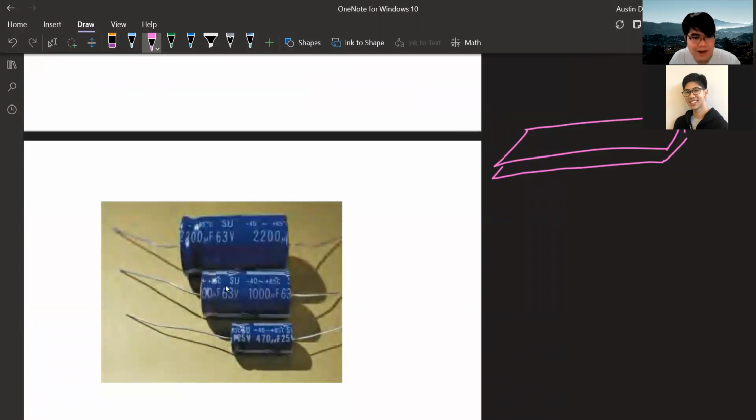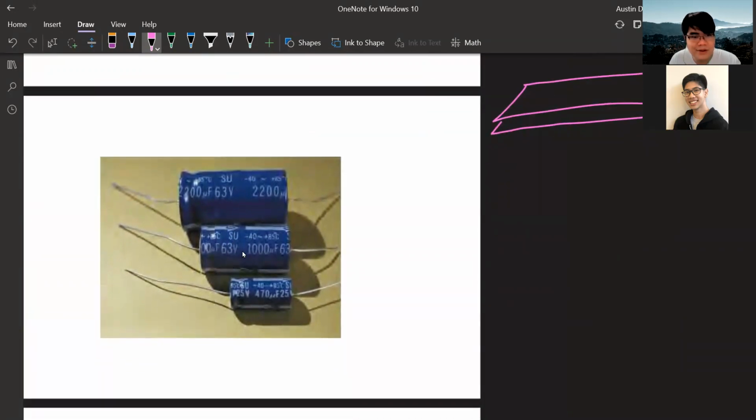So, these guys store energy. And what is their use? To send out bursts of energy. You first put energy into it, then what it can do is send it out in bursts. An application of that is camera flashes, which use capacitors.